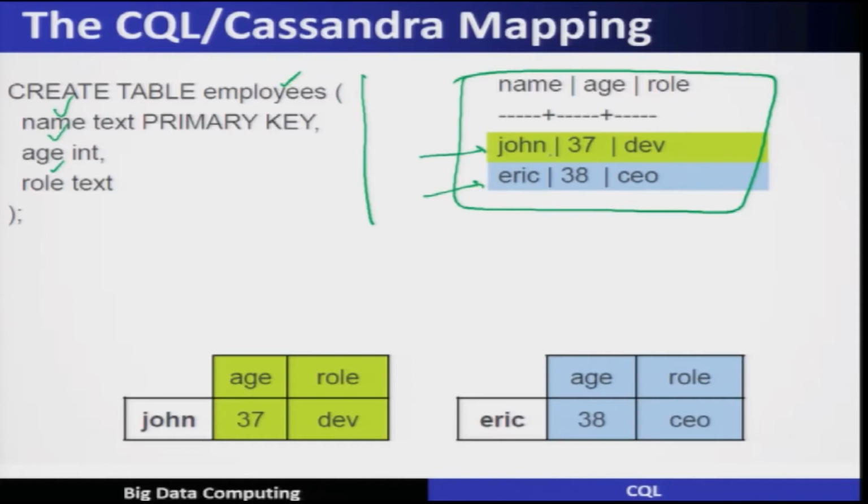So for the tuple John, John becomes the row key, and the corresponding age and role have their different details noted. This entire row is identified using the row key, and the others are the column values.